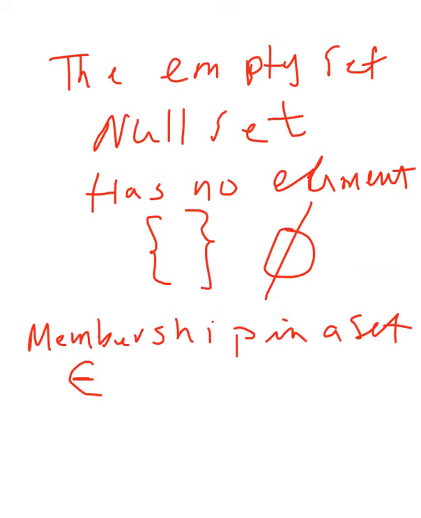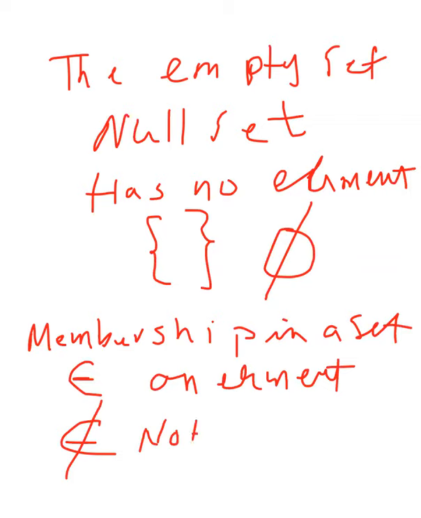We refer to this as an element of, or a member of. Now, if we want to say that it's not an element of, we're going to use the same symbol, but strike a line through it. So this would say that it's not an element.